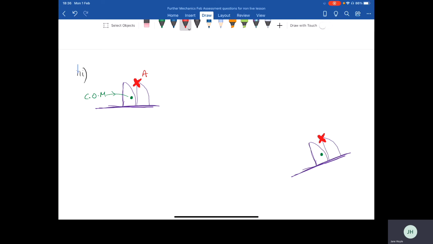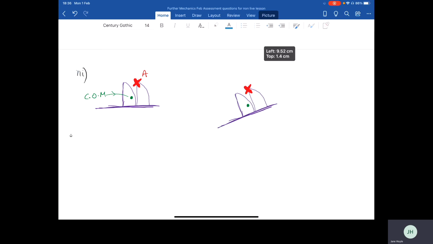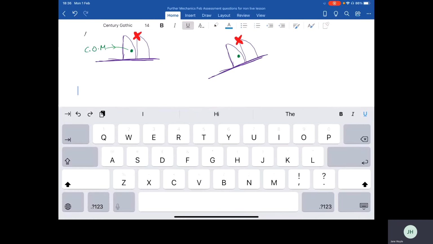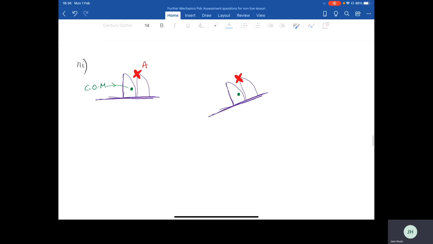Now, if you were to hang that so it was in equilibrium, the forces going up, in other words the tension, have got to exactly balance the forces going down, your mg. So the line through the center of mass and the point at which you're hanging is always going to be vertical.